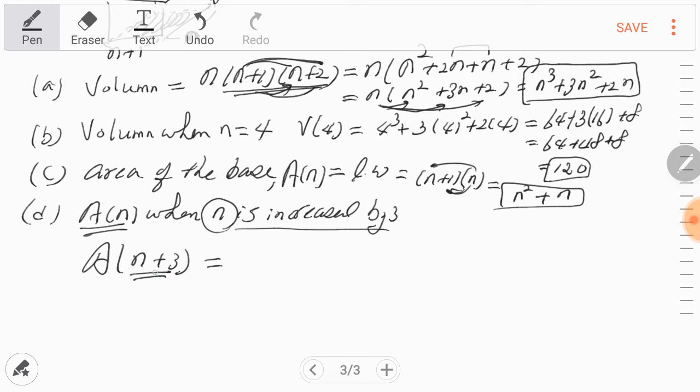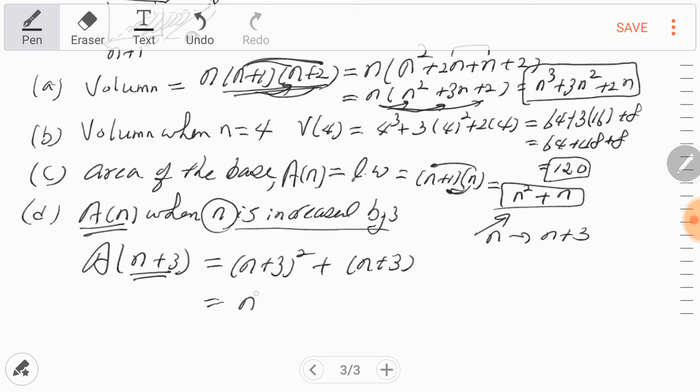So just replace n with n plus 3 in the area formula. So it becomes n plus 3 squared plus n plus 3.